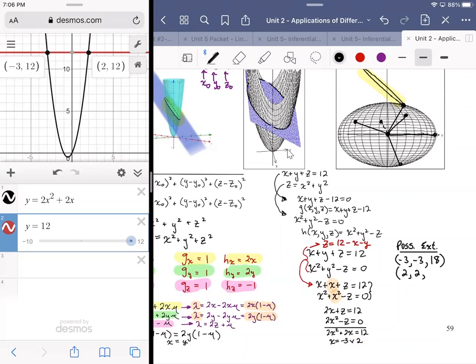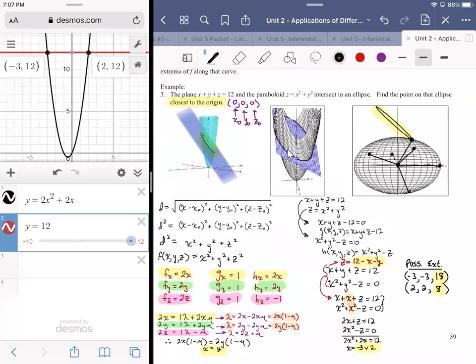All right, so 12 minus 4 is going to be 8. So based off of this relation and this information, along with this information, we get these two values. Not our final answer, but we're close, because it's possible that one of them gives us the longest possible distance from the origin.